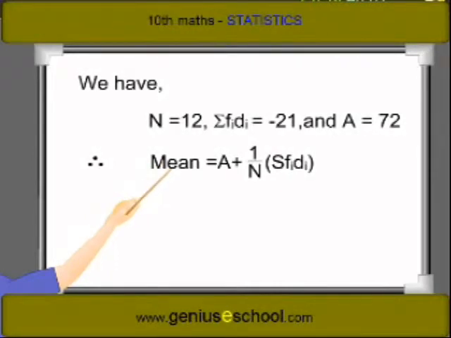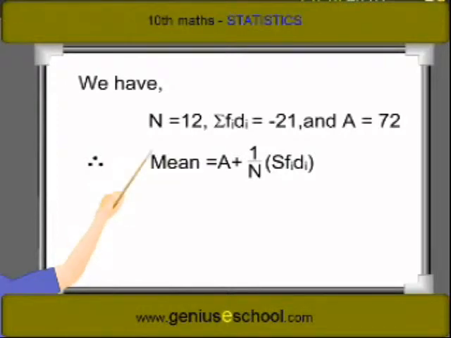We have n is equal to 12, sigma fi di is equal to minus 21 and A is equal to 72.